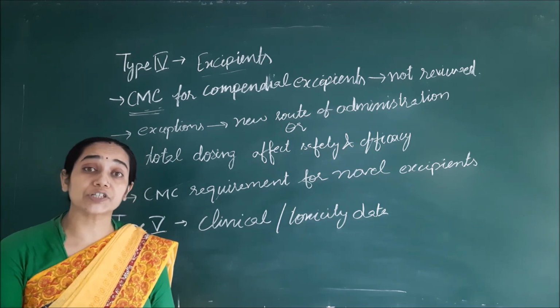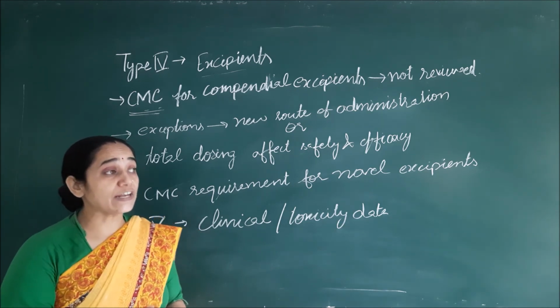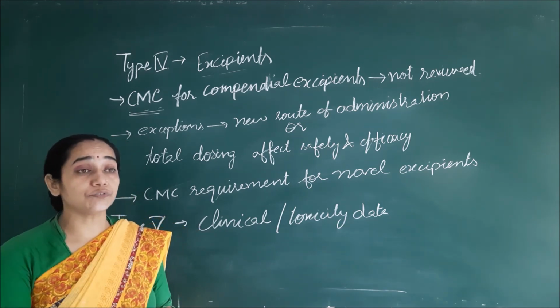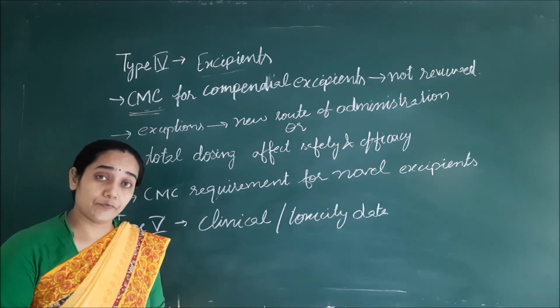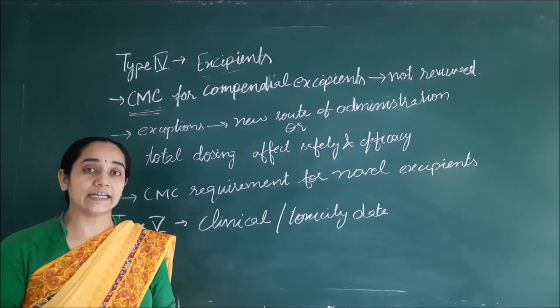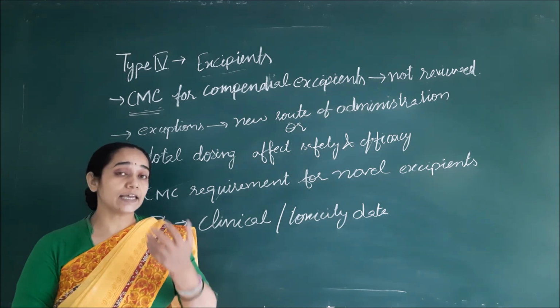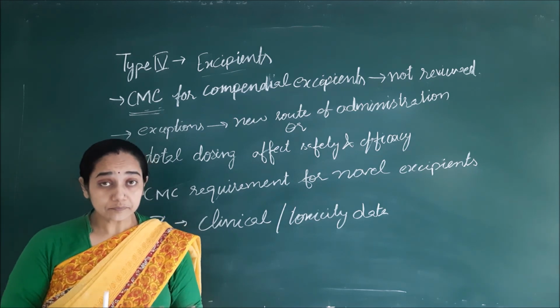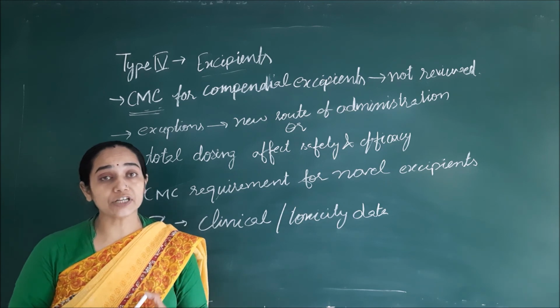Now, it is an exceptional part as we have changed the route of administration, and likewise if there is an alteration of the dose. For example, if one of my formulations contains 10 mg of spray-dried lactose, and it facilitates the ease of inhalation by improving the flow properties of the formulation.